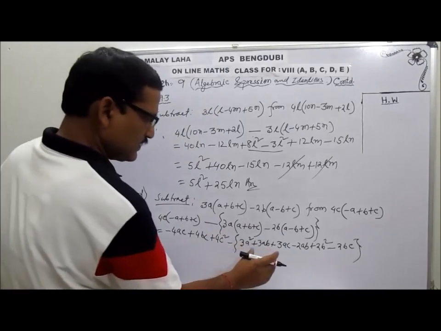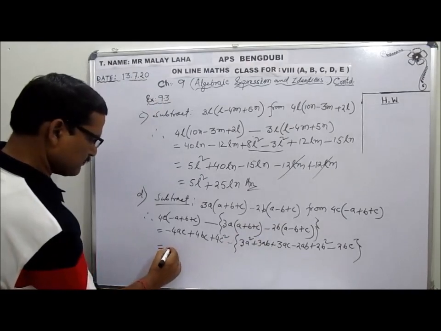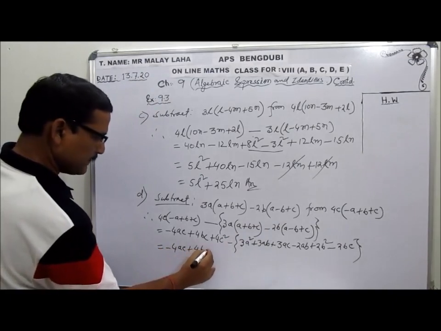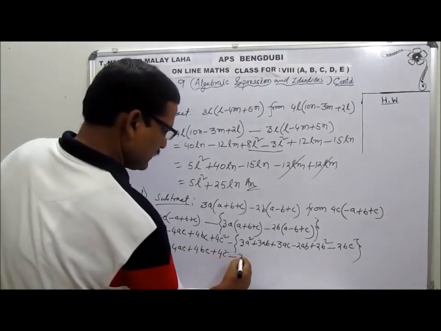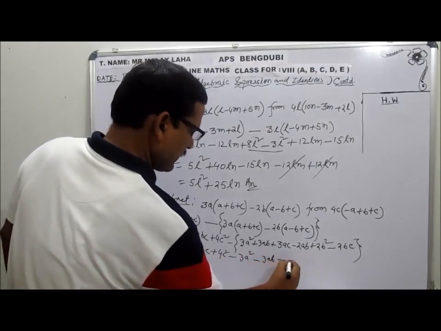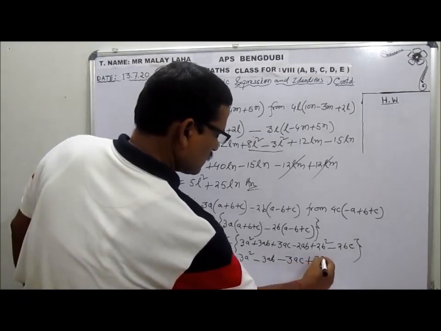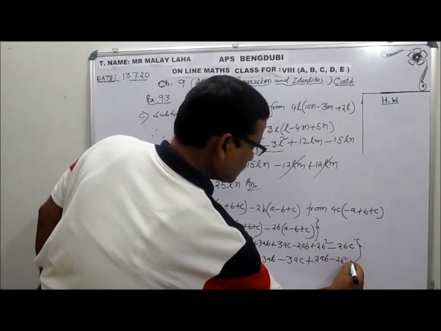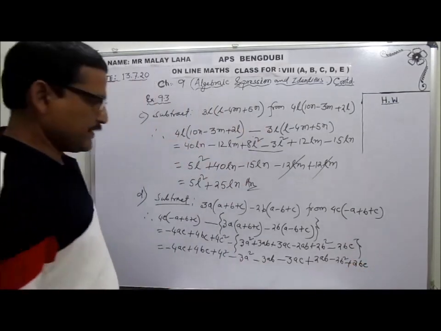Or you can reduce inside if it is possible, or if not possible, then you can open it. So minus 4ac plus 4bc plus 4c² minus 3a² minus 3ab minus 3ac plus 2ab minus 2b² plus 2bc. Got the idea?